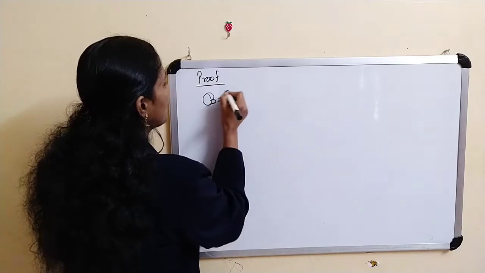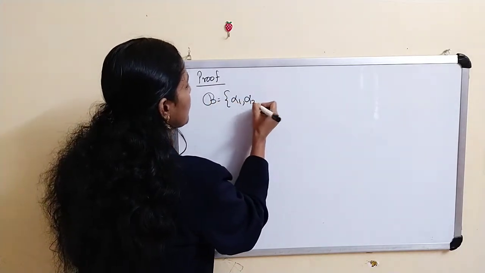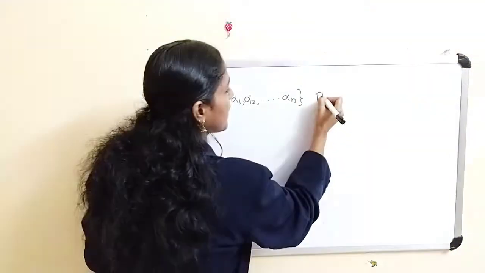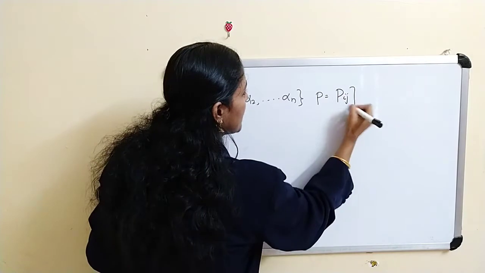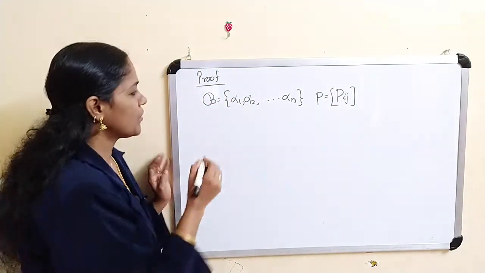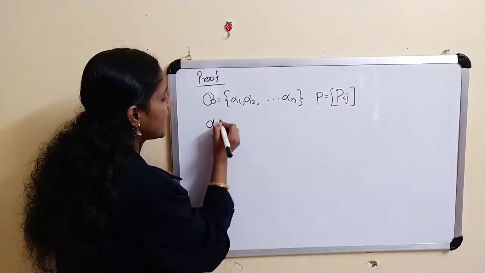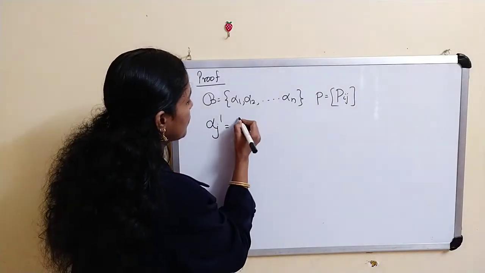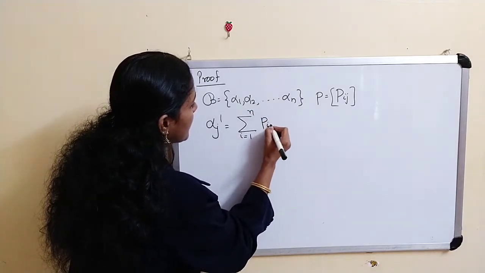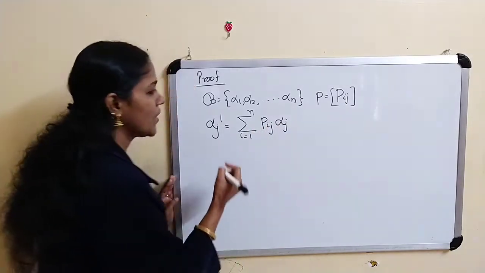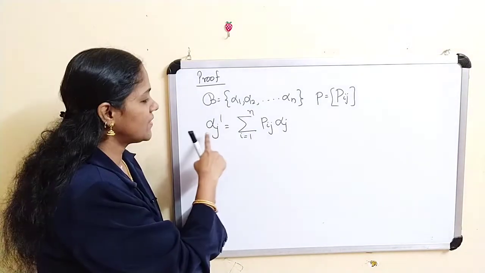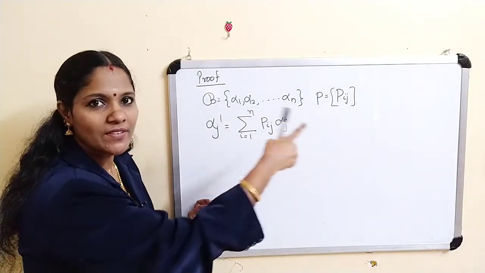Given B equal to alpha 1, alpha 2, etc. alpha n is an ordered basis for V and P equal to matrix P i j an invertible matrix. Okay, now we have to find B dash. So if you define alpha j dash as sigma i varies from 1 to n, P i j alpha i, using the previous theorem, these alpha j dash also satisfy our condition.